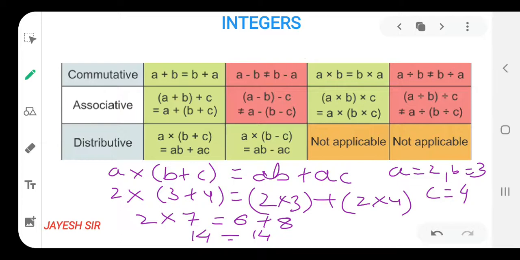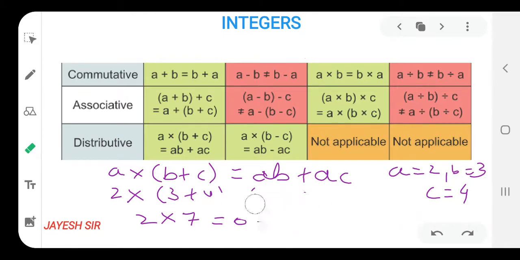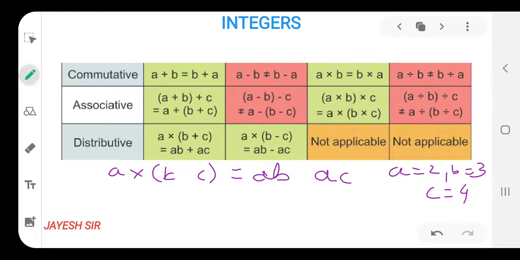Yes, friends. So similarly we can do it for the distributive property over subtraction, that means A multiplied by B minus C. So let's solve it for your convenience. Now, friends, the property is like this only. Yes, I have written it.